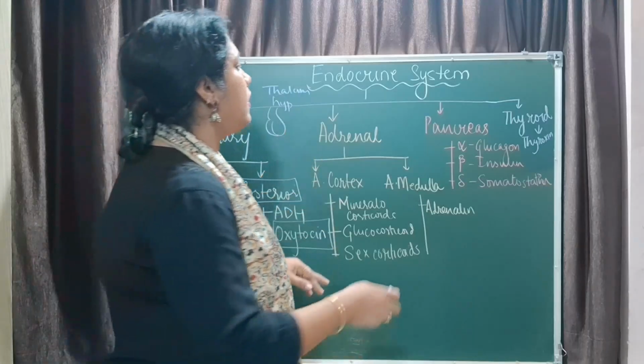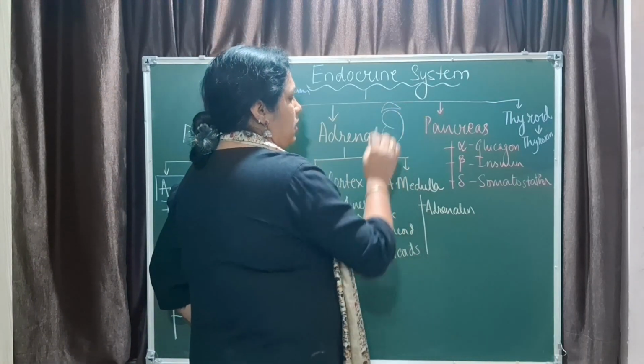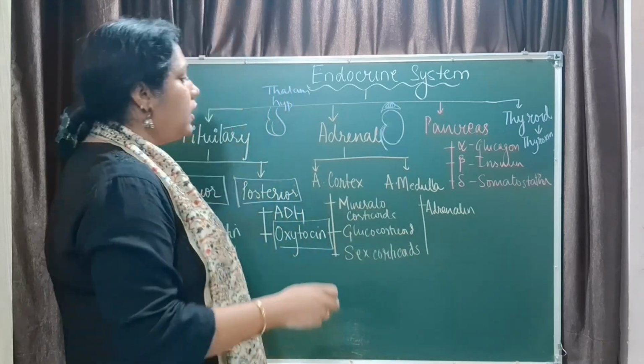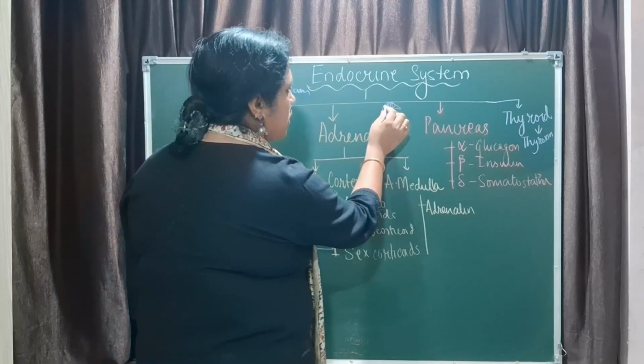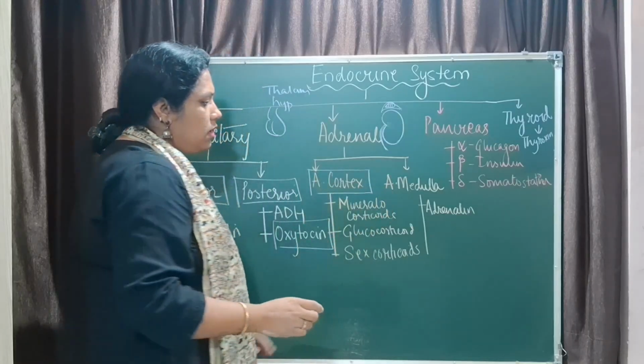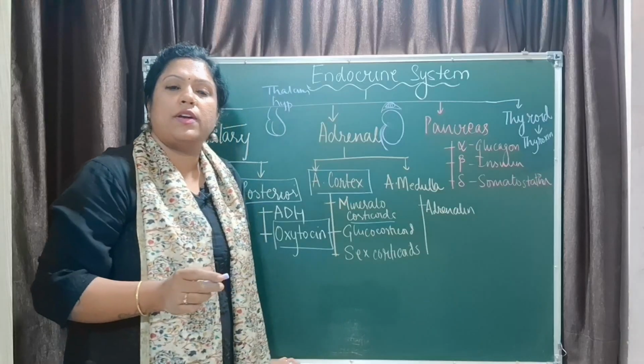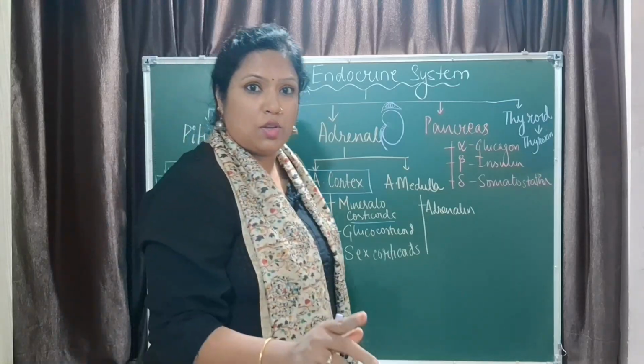Next gland is adrenal. Adrenal gland is located on your kidney as a cap-shaped structure on both your kidneys. Now, adrenal gland has got 2 structures, outer cortex and inner medulla. The cortex releases 3 types of hormones. The first one is mineralocorticoids, that is also called aldosterone.